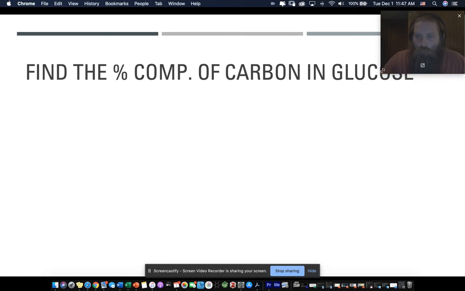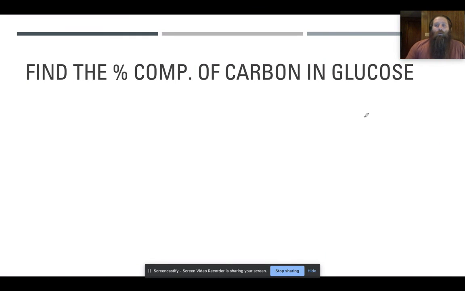Now, this question, I'm going to make myself a little smaller there. This asks us to find the percent composition of carbon in glucose. So we know glucose, it's C6H12O6. Hopefully you remember that from biology. All we need is the carbon. So we don't need to do the math for all of the parts. We just need to find out what the whole thing weighs and then what carbon's percentage is. So let's set this thing up.